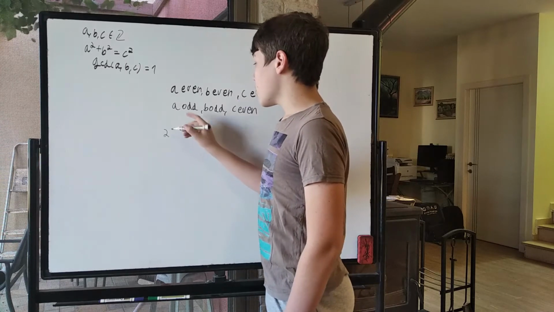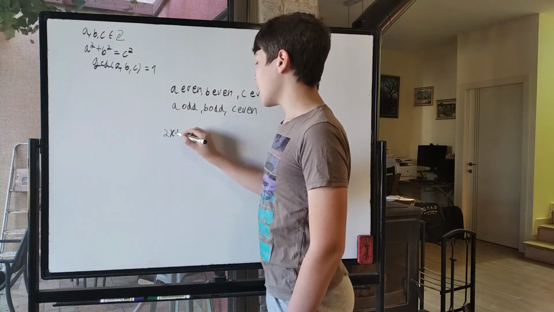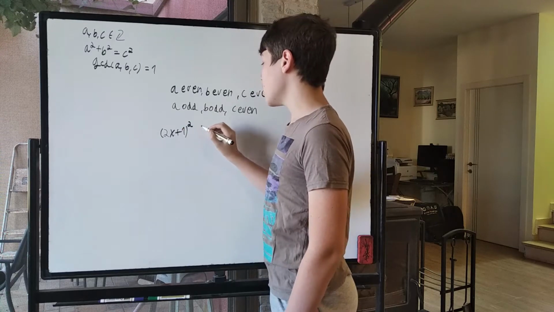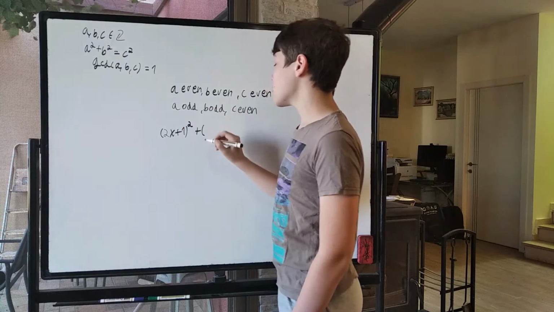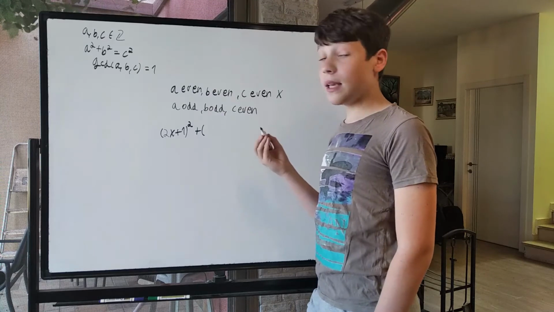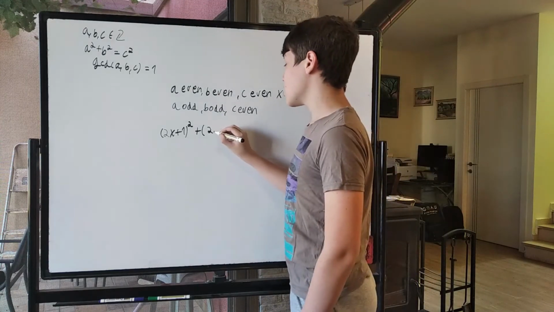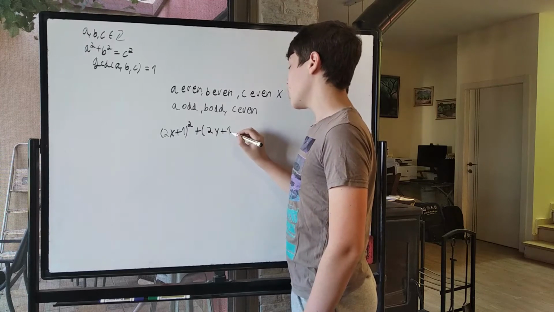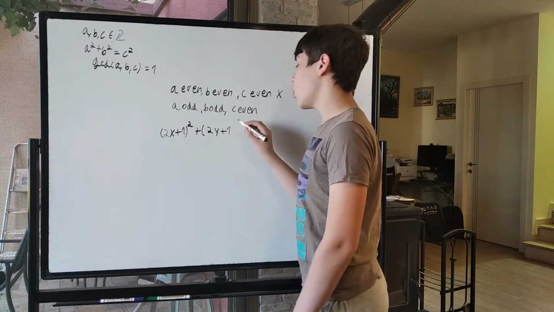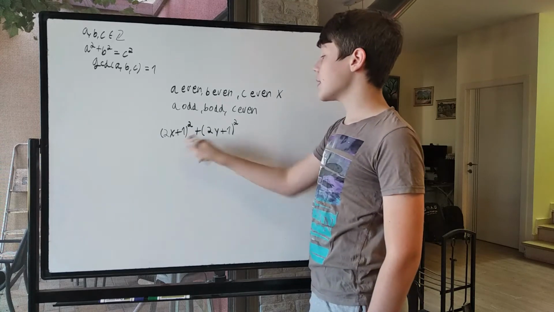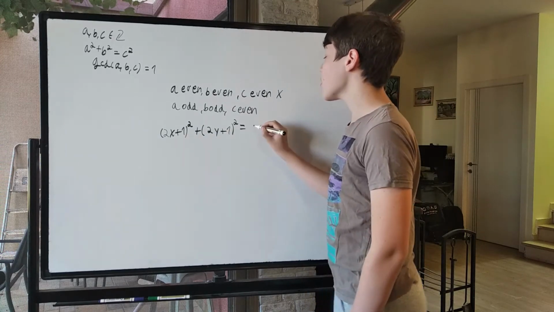So if A is odd, it can be represented as 2x plus 1, and if B is odd, it can be represented as 2y plus 1. And yes, obviously x and y are whole numbers. So A squared plus B squared is C squared.